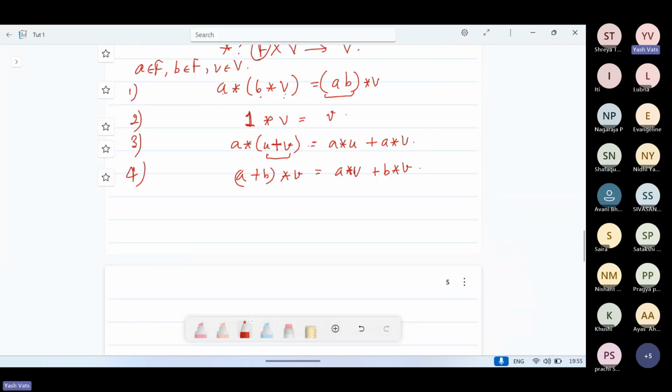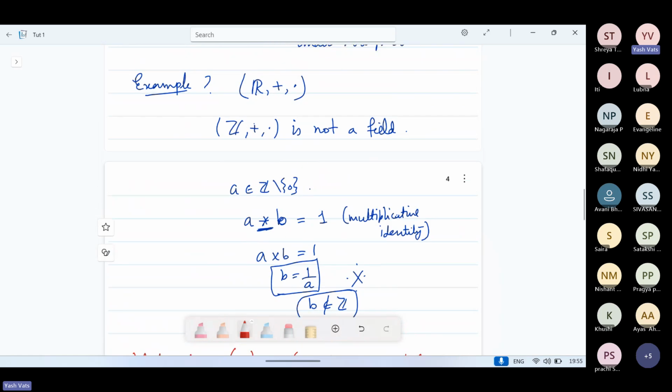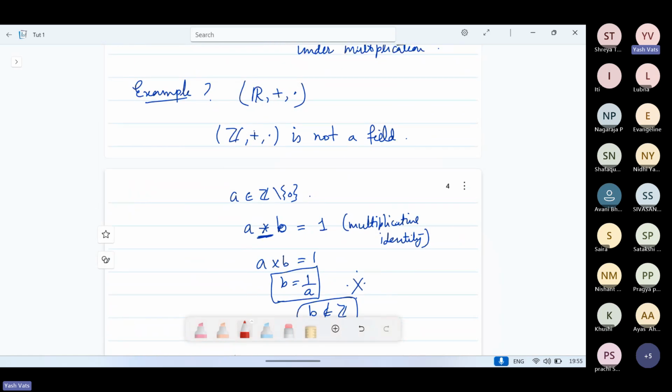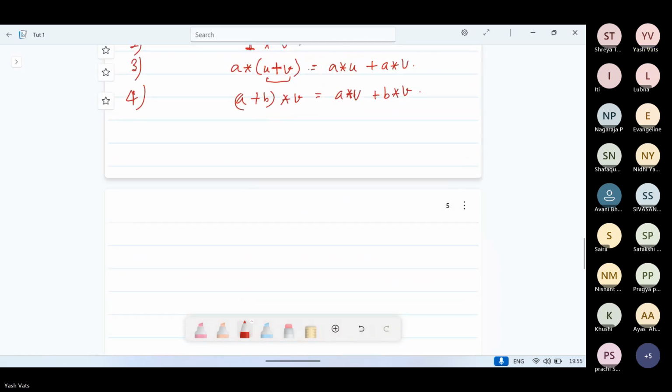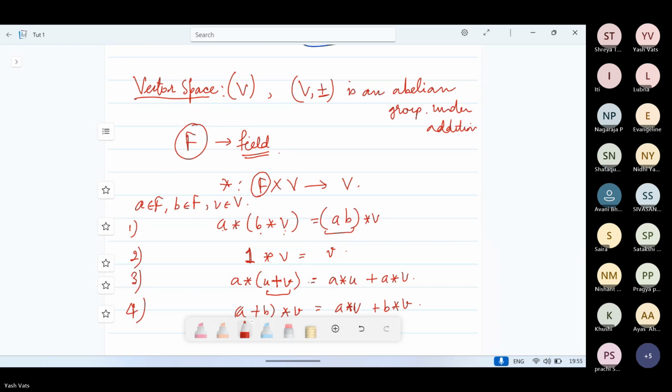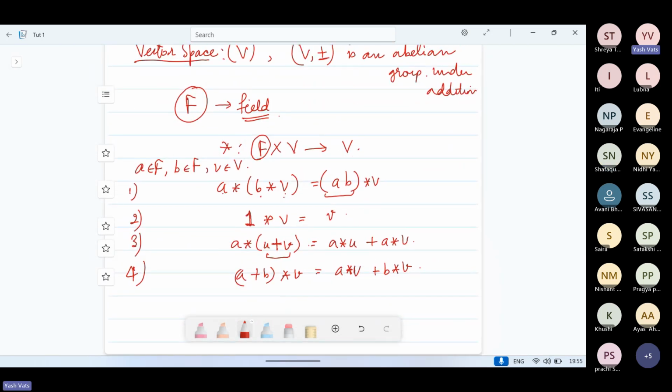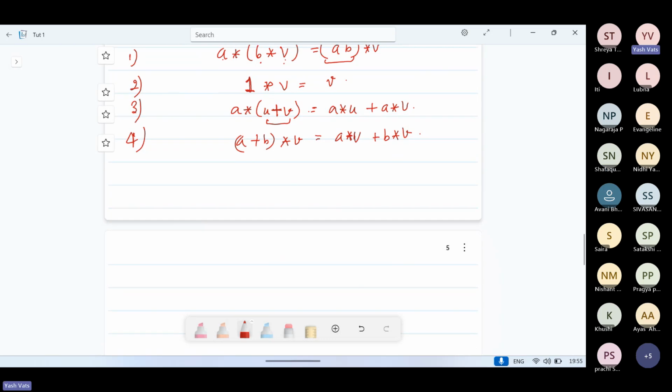Till now, if anyone has any problem understanding, they can ask so that I can move to questions. So what is an example of a vector space? We write V over F, V(F), because this F came suddenly, so I put it in brackets.